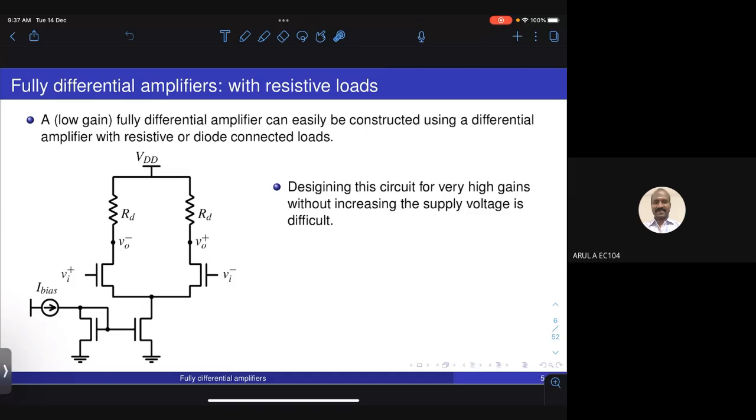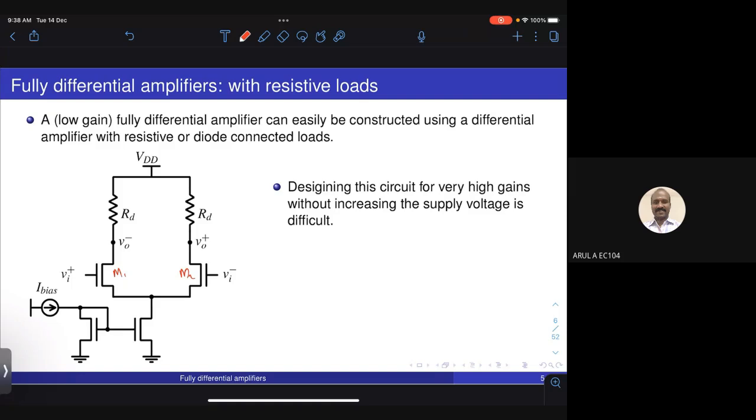You have a tail current source which fixes the bias point of the circuit, and a differential pair, say M1 and M2, and two resistors which make up the load of the amplifier, and the gain of the circuit is minus GM into RD.